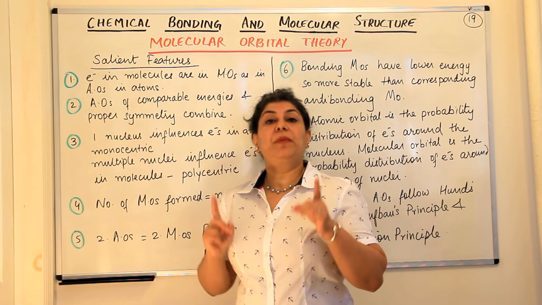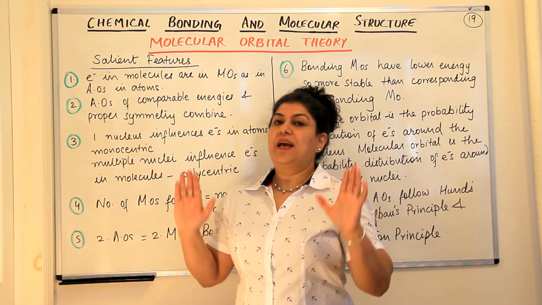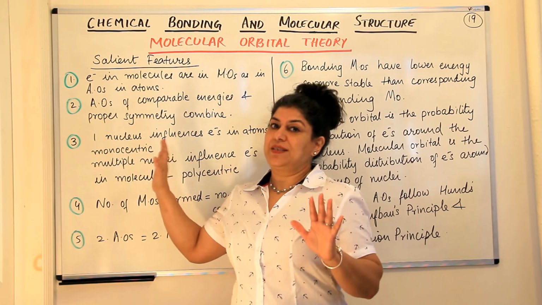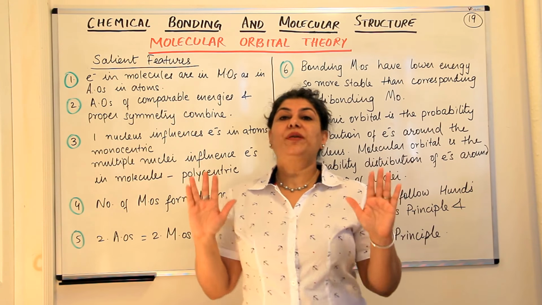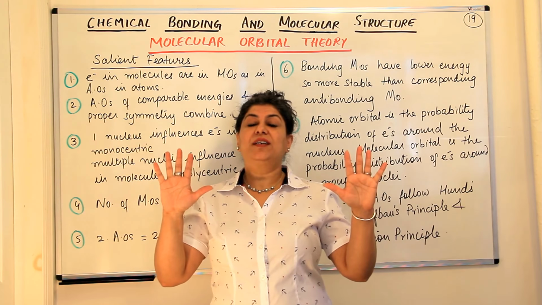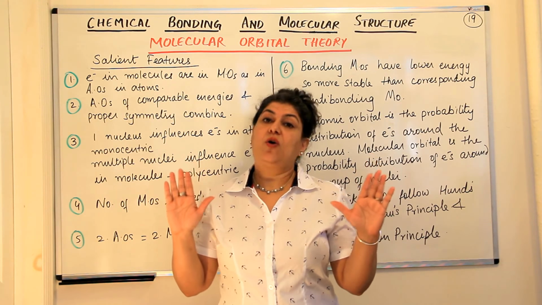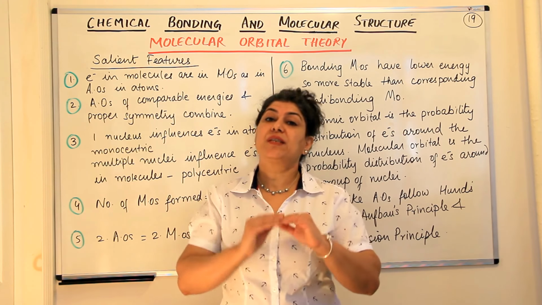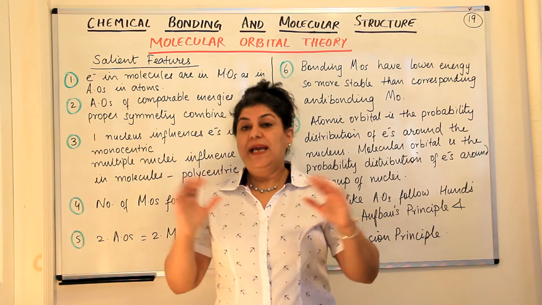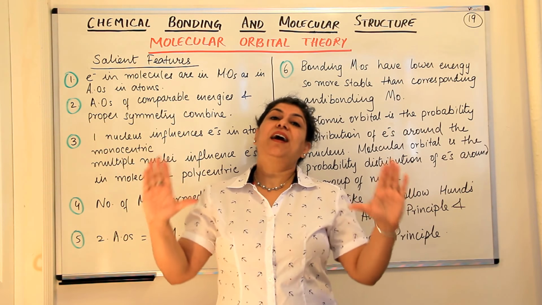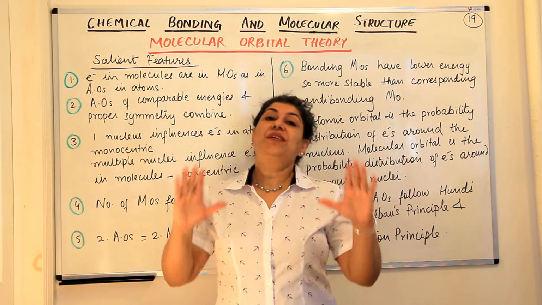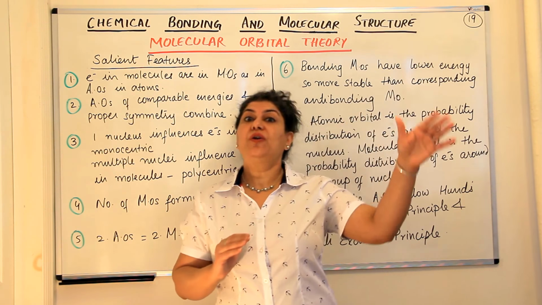The concept of sigma and pi bonds still exists, but the only difference here is that molecular orbital theory says it's not just the outermost shell or not just the half-filled orbitals which overlap and result in the formation of the bond. All orbitals merge and it results in the formation of molecular orbitals.